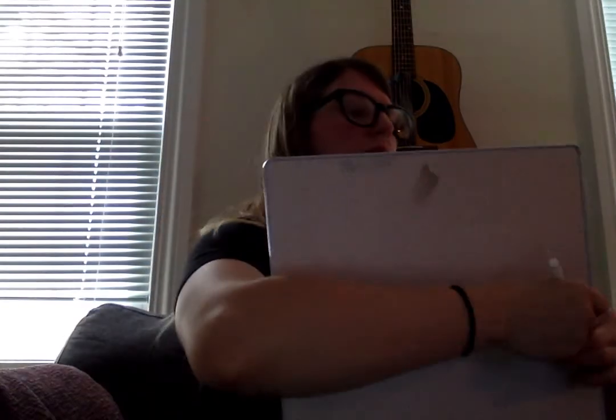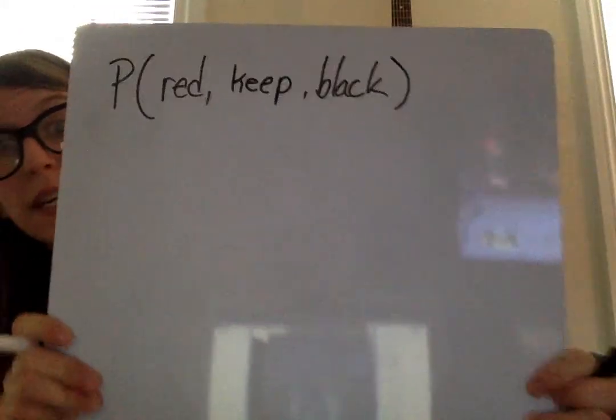Cool. So what happens when it is a dependent event and I keep a card? Let's do the same problem, except now instead of replacing the red card, we're going to keep it. Same question, but now I'm keeping it.